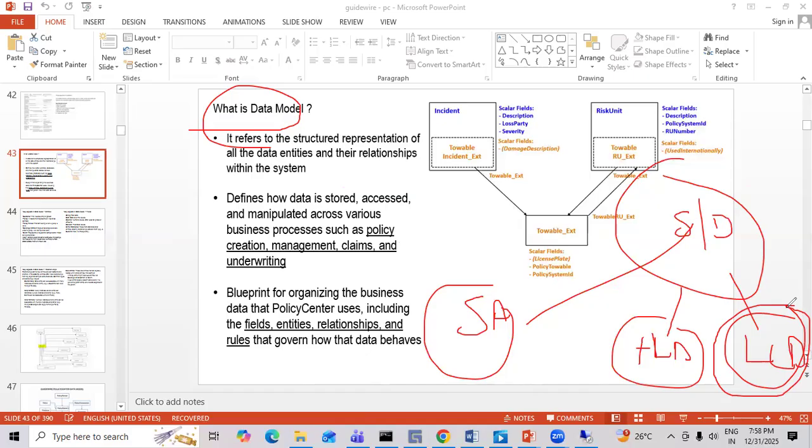Everything has to be presented. Whenever we are working on the low level design with the technical team, as an architect you must know the structure of the data model.